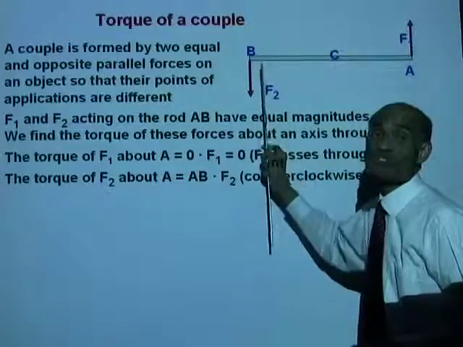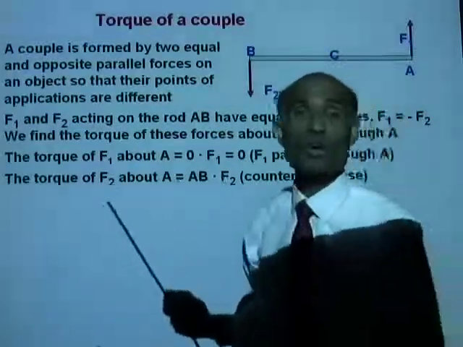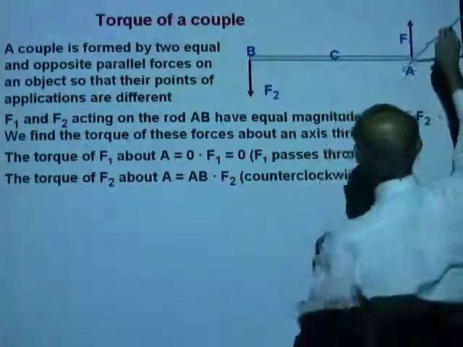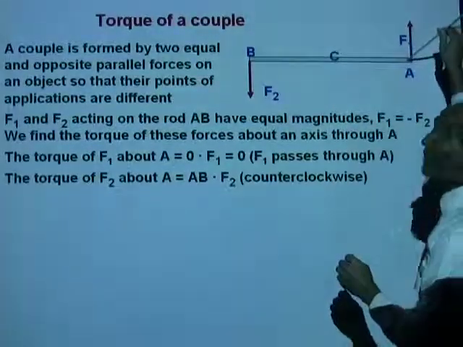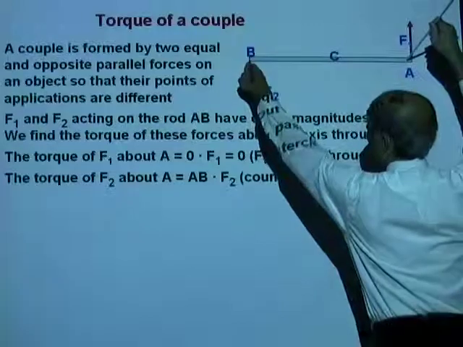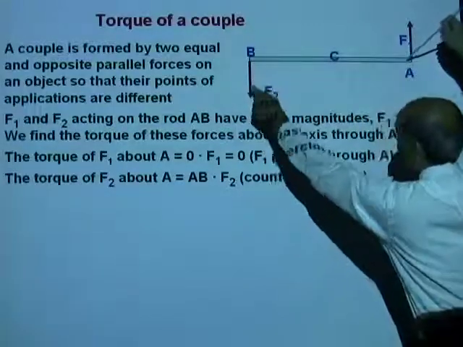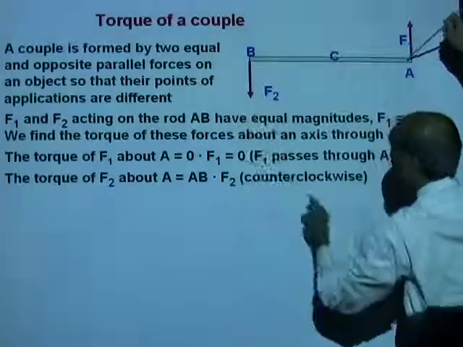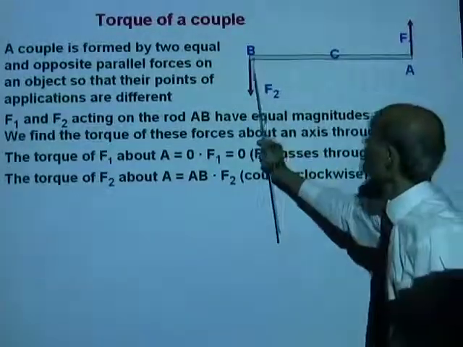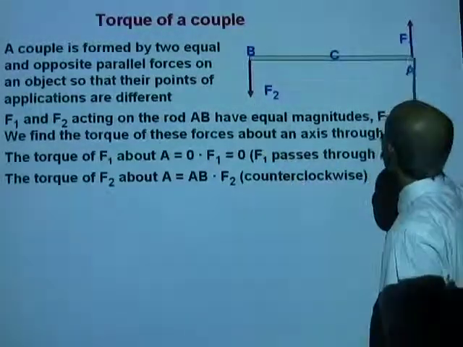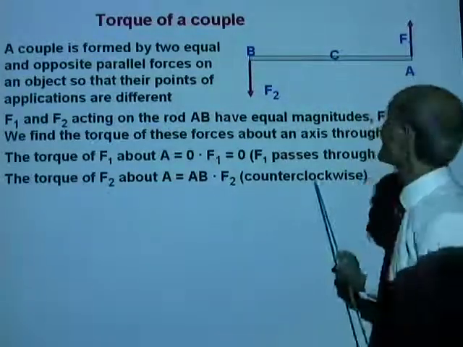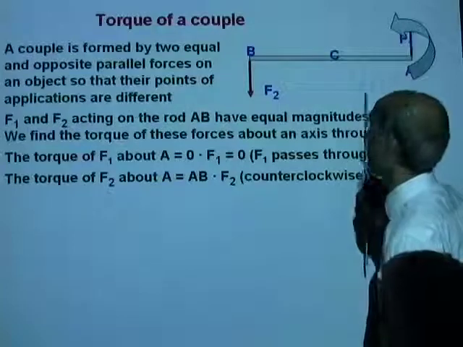Tell me, is this a clockwise torque or a counterclockwise torque? This is the axis of rotation where my pointer is. And see how my finger moves? F2 will rotate in the counterclockwise direction. So the torque produced by F2 about an axis that passes through A is a counterclockwise torque.